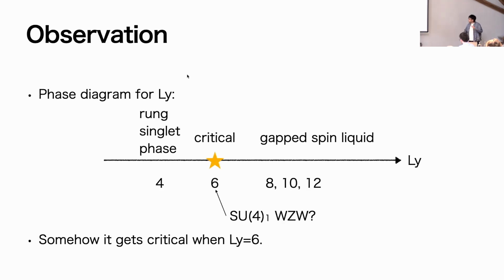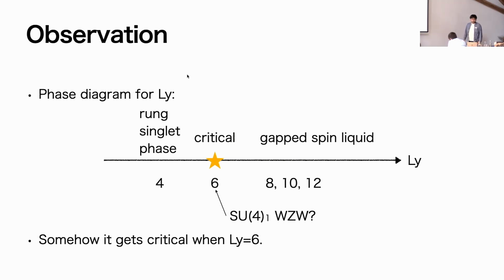And this is the first observation we got after the 2D DMRG simulation. The phase diagram is written about Ly, the circumference of the cylinder, and I found that the physics, or the property of the ground state, strongly depends on the value of Ly.